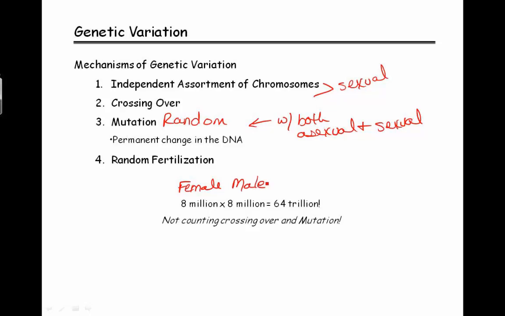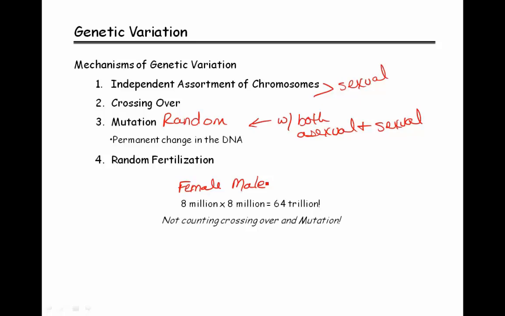So even if you take the same female and the same male, you have over 64 trillion offspring possible. Okay, and this is not counting the crossing over, and it's not counting mutation as well. So it is very, very unlikely that you're ever going to end up with 2 offspring that are going to be identical to each other in any way.